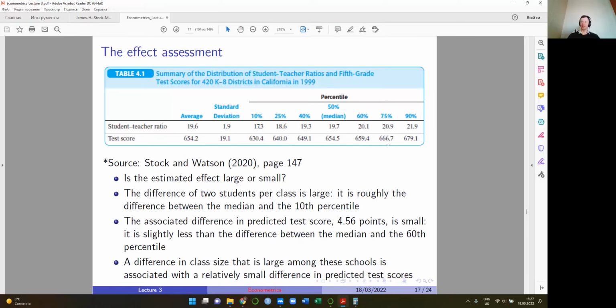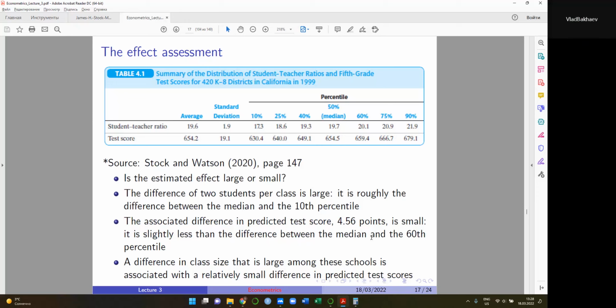But unfortunately, data shows that the reduction of students per teacher by 2 will at most change the test score by 4.5 points, which is a very small result.